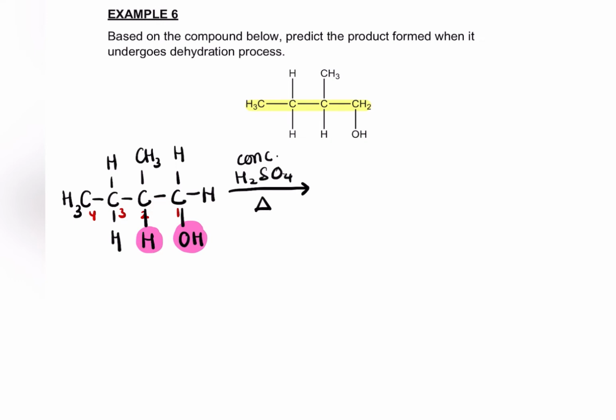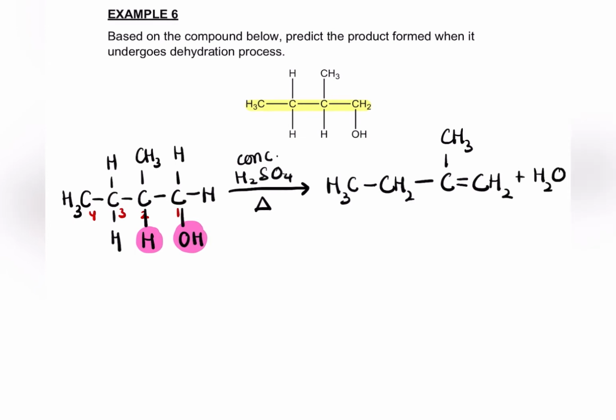So I'm going to write down my product: H3C, H2 bonded to C double bond C, CH3, and I got H2. So this is going to be my product plus H2O.